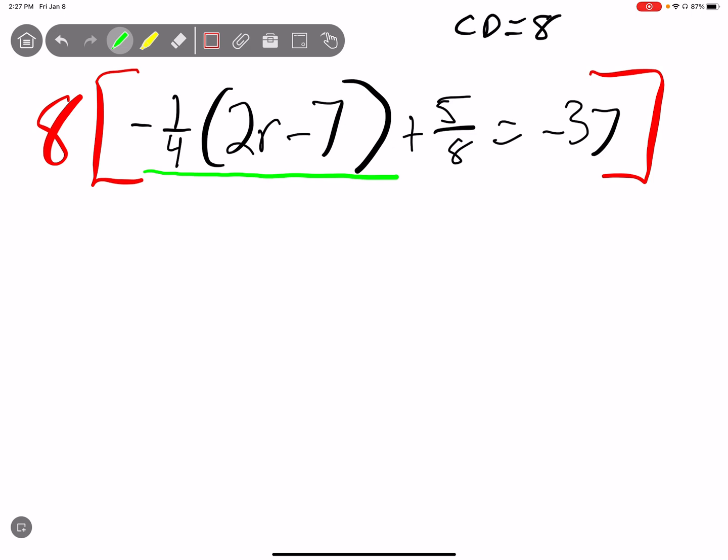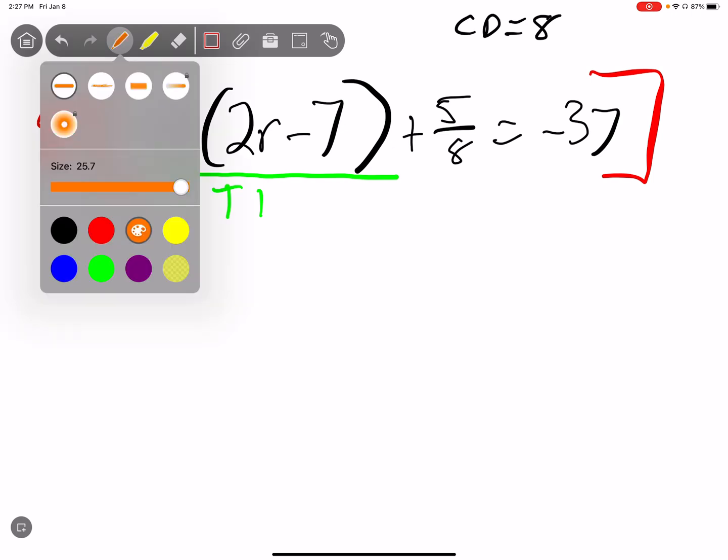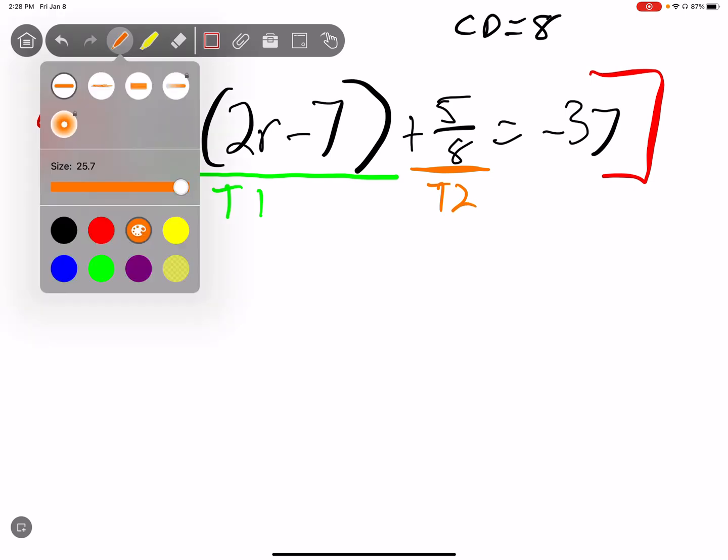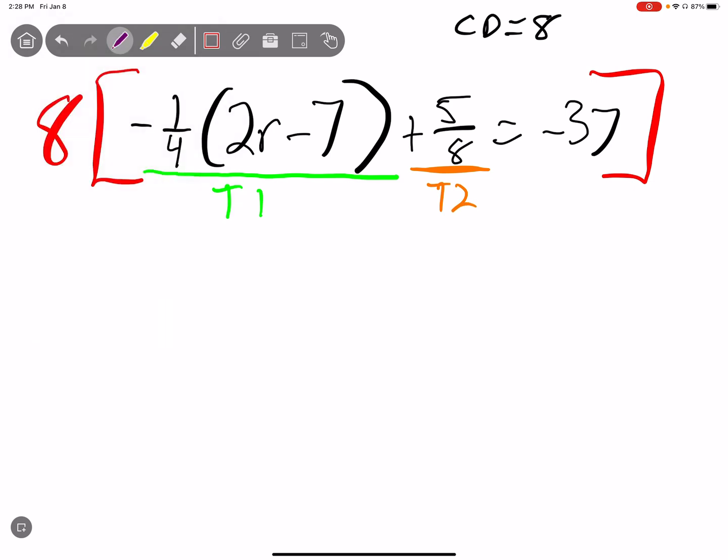I understand that there's a minus 7, but because it's in parentheses, you're going to look at that as one whole group, okay? So this is term 1, and then we've got a second term right here of 5/8, and finally we have a third term of negative 37.